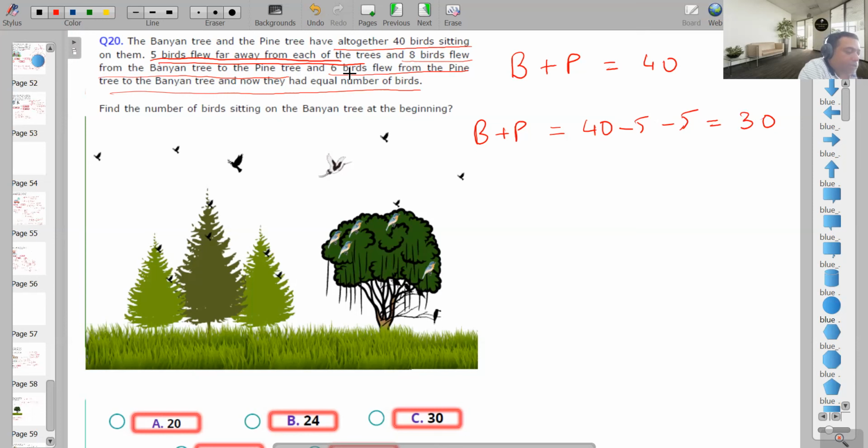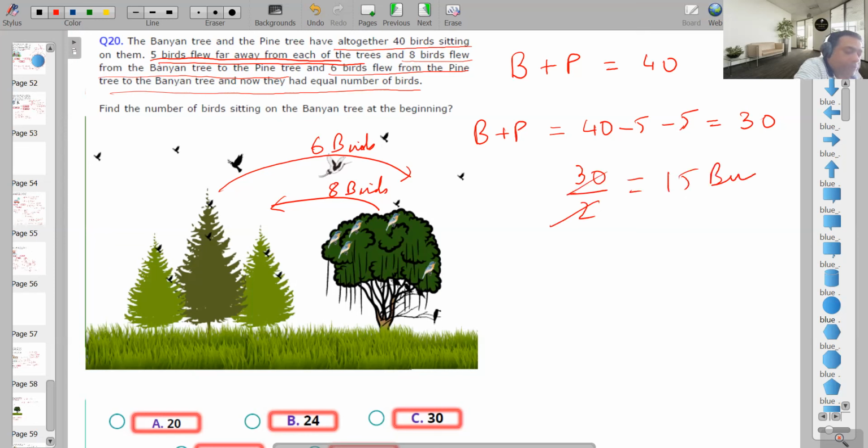Now, after the transfer of birds between the two trees, 8 birds from the banyan tree flew this side, and from the pine tree 6 birds flew this side. What would happen? The number of birds were equal. So 30 divided by 2 is 15 birds. So now each one of them has 15 birds each. This is at the end.